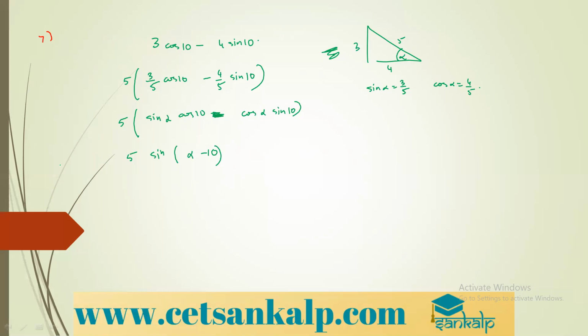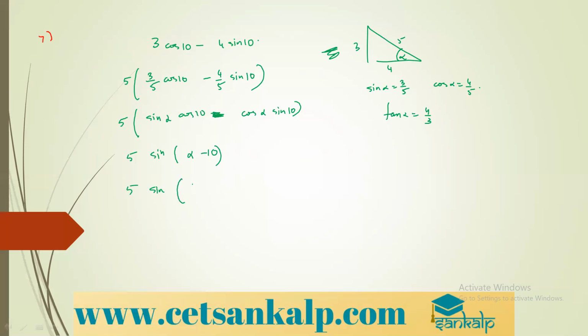Isn't it? Then alpha. How will you write alpha? Because tan alpha is 4 by 3.